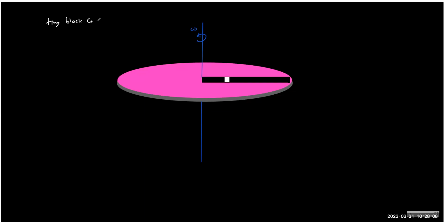So the tiny block can slide within the groove freely, which means without friction.